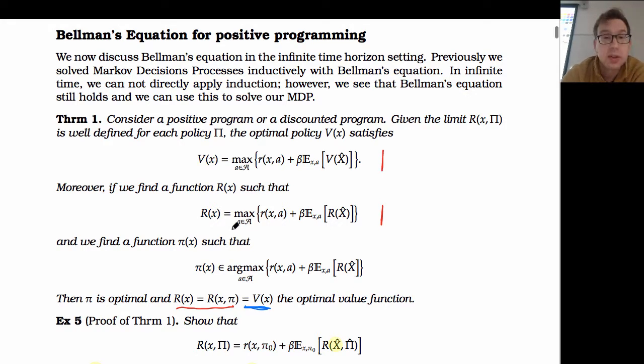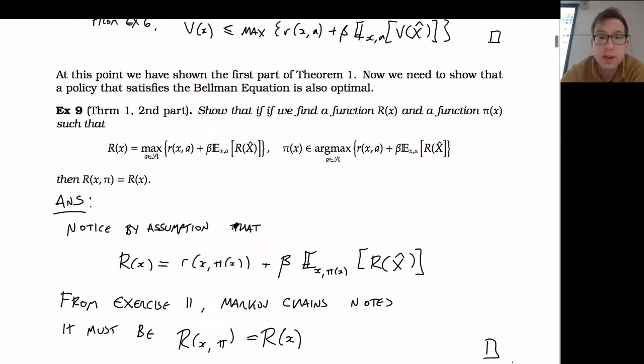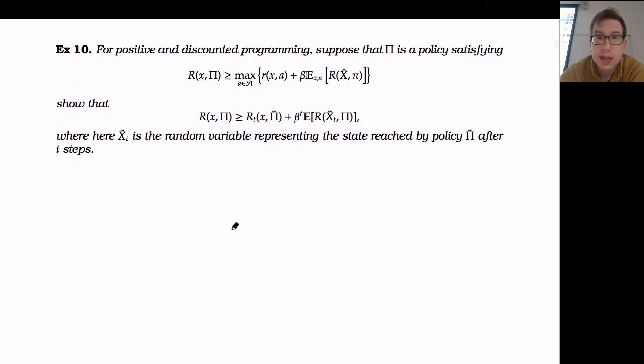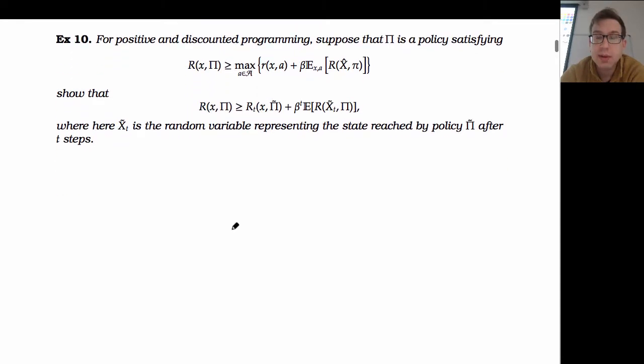Okay, so I'm just going to skip forward to where we left off. Now we're going to work towards proving that if I've got a policy pi that satisfies this inequality, or this equality, then we can show that the reward from that policy is better than the reward from any other policy I like for the first t steps, plus the discount factor applied to my policy from the state that you arrive at.